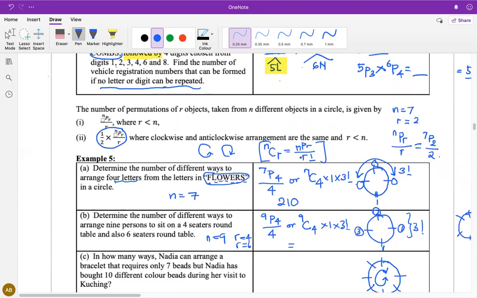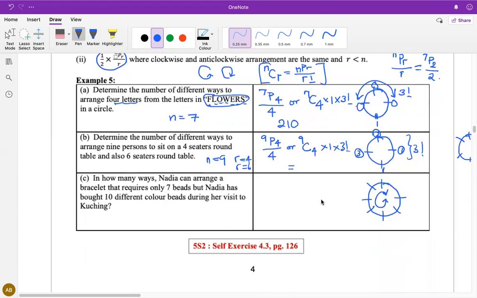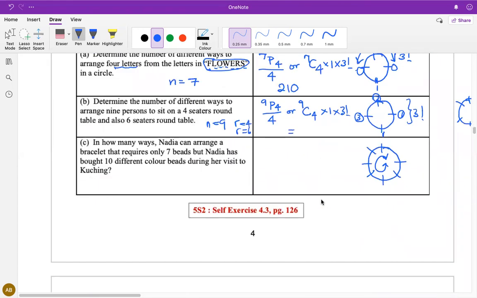Next, you get 9P4 over 4, so it's 756. So the answer is the same.